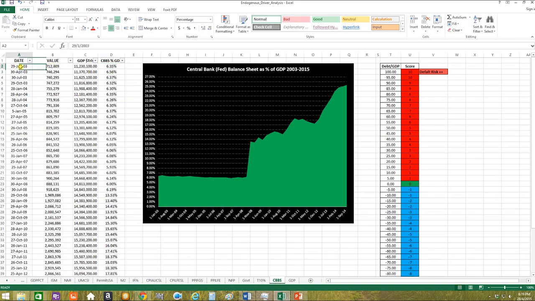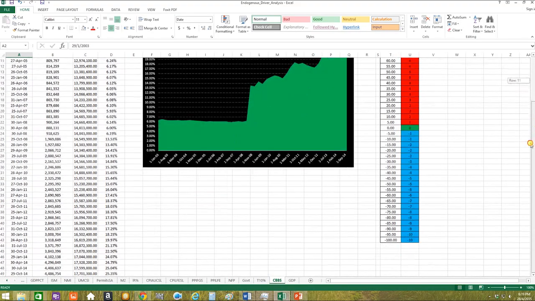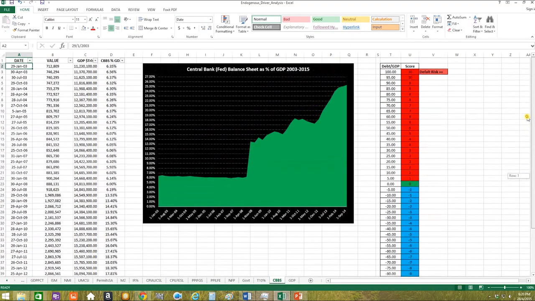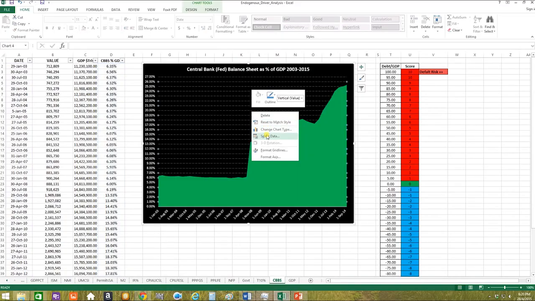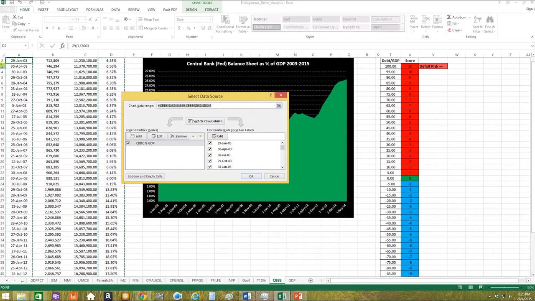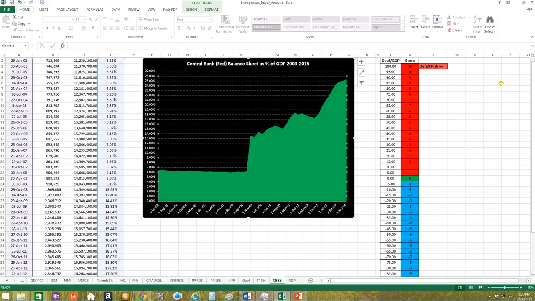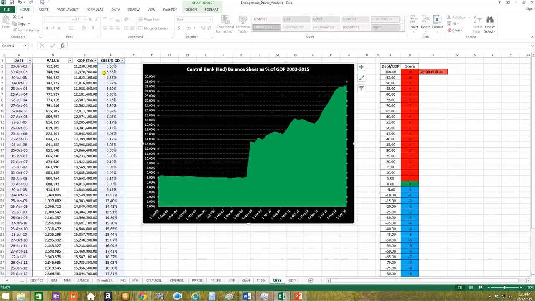So we're going back to 2003 here, all the way up to present day. And our data references in our chart from these cells. So we're referencing the percentage column here, so the central bank balance sheet as a percentage of GDP, and on the bottom axis, the date.